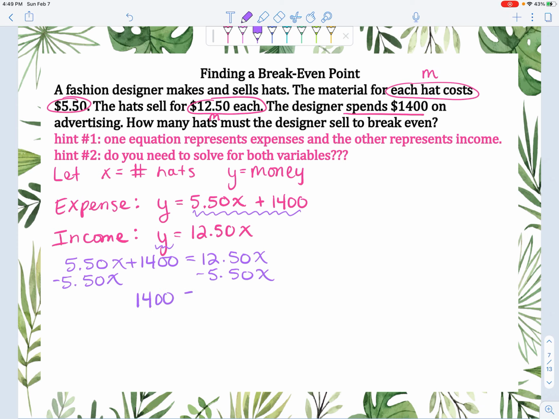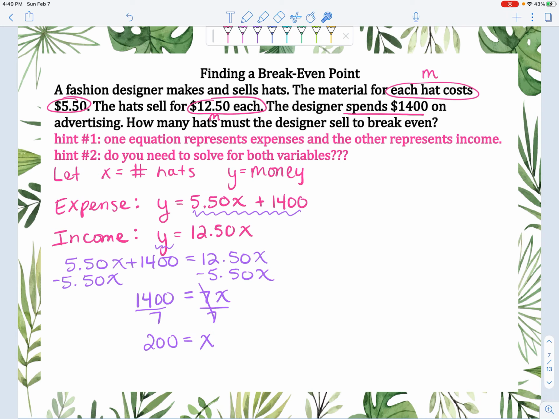I'm going to be left with 1,400 equals, let's see, 12.50 minus 5.50, so that's going to be 7x, I believe. Let me just double check my mental math. It's late in the day here. Don't want to make any mistakes. Good. It is 7. Now I'm going to solve the one step by dividing both sides by 7. And I get 200.